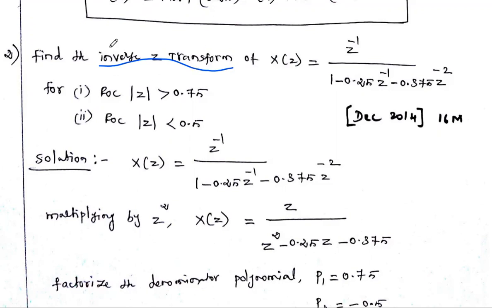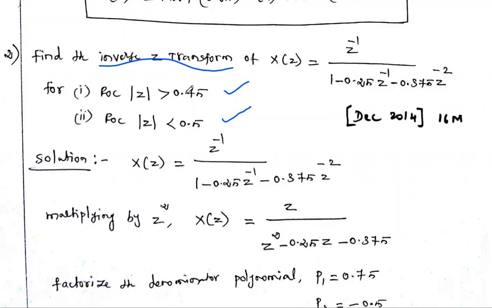So we have to solve this problem under two conditions. The first is the ROC, modulus of z greater than 0.75. The second condition is modulus of z less than 0.5. We discussed the ROC properties in the first video of the Z transform.